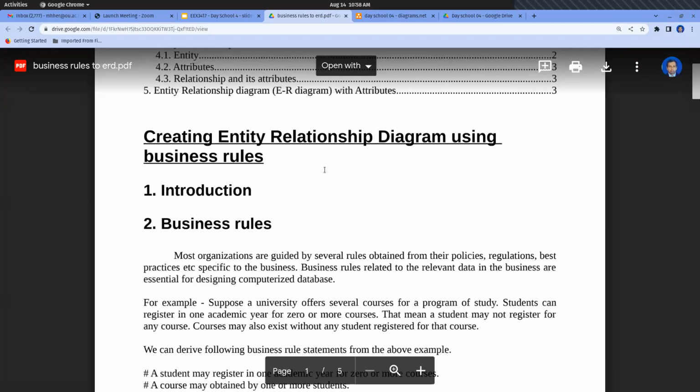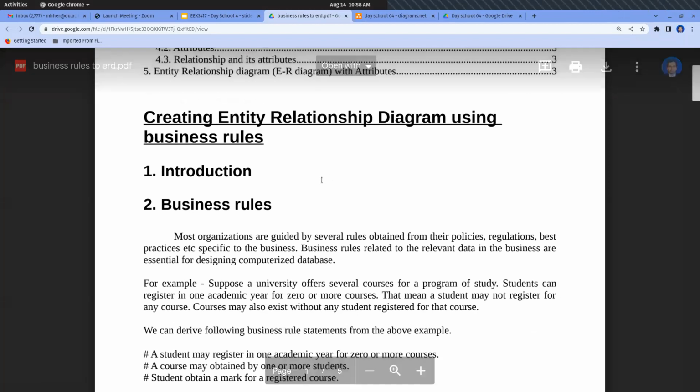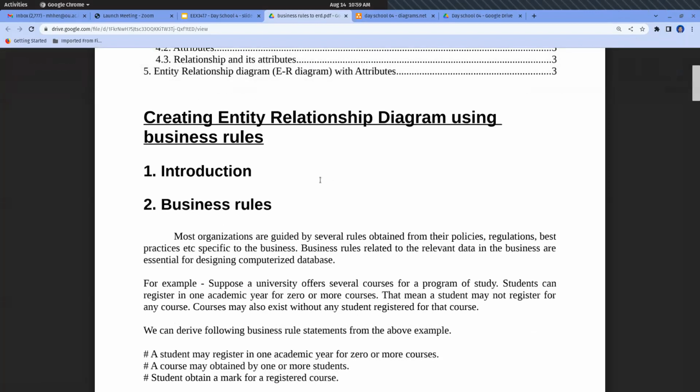Now you can see the entity relationship diagram, no? Now, short form of the entity relationship diagram is ERD.